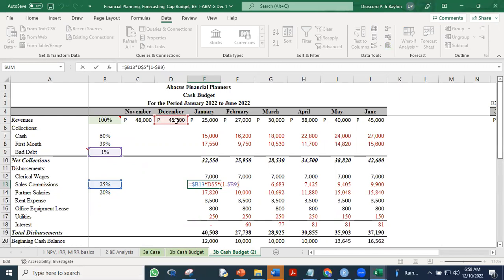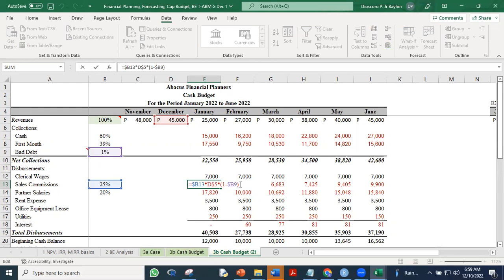Of the 45,000, only 99% was collected, which means 1% is considered as bad debts. So the sales commission will just be based on the amount that's collected. So 25% of 45,000 times 1 minus 1%. So only 99% of the 45,000 will be considered as part of the commission, and it will be paid in January when everything was collected already.